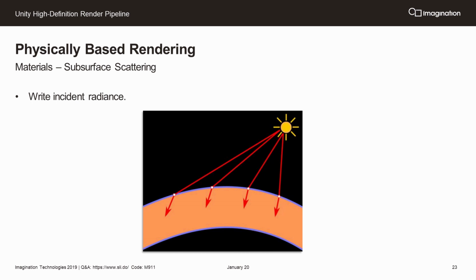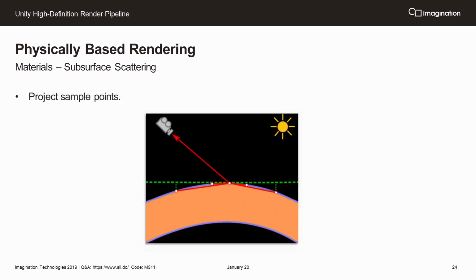So next, during the lighting pass, the incident radiance is computed and written to a render target, which in the next pass we use to sample the radiance around the current point. Now, this is done by using the previously pre-computed sample positions.